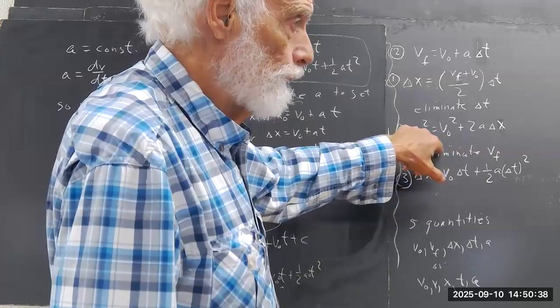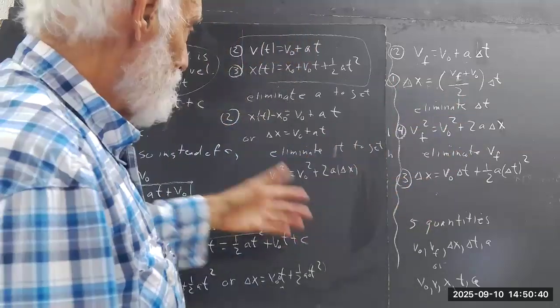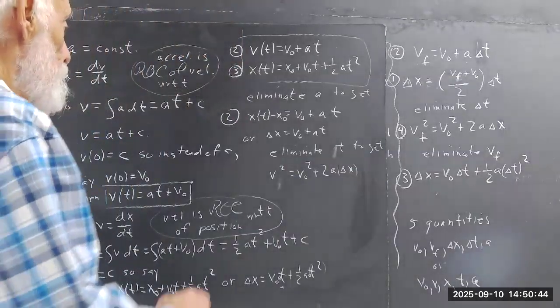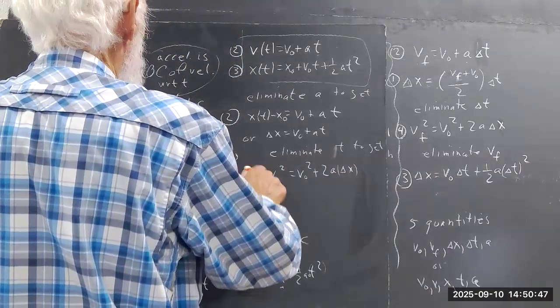Here it's just a final velocity in some interval, but one is equivalent to the other. So this would be our fourth equation.